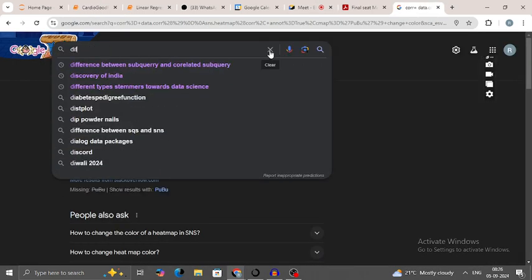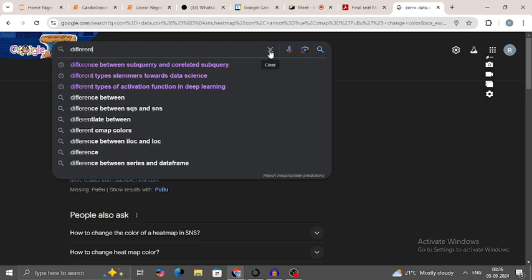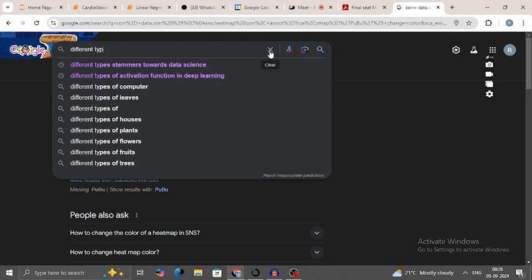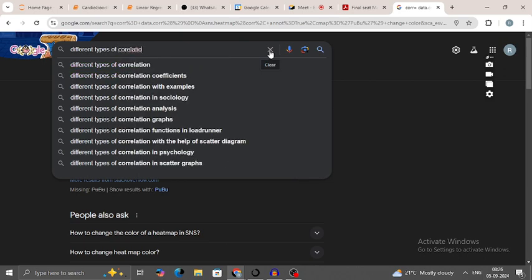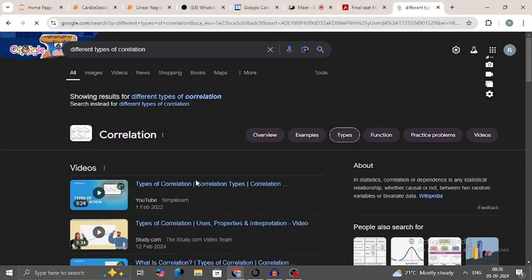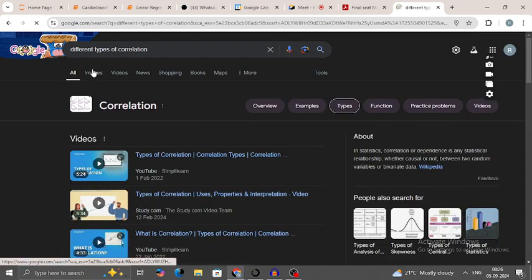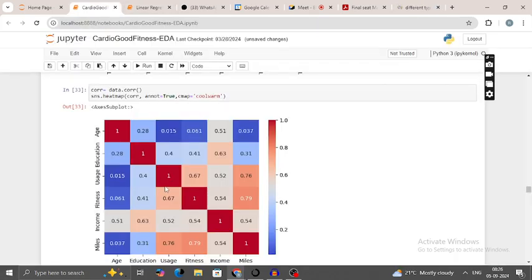Why am I stressing on this? Because you have to know which one is strongly correlated and which one is weakly correlated, which column is correlated to which column, or which column is strongly correlated to the output. Because I want to check the correlationship.